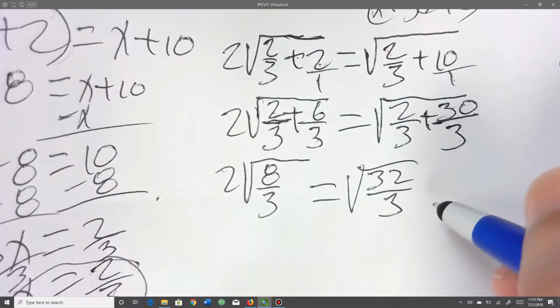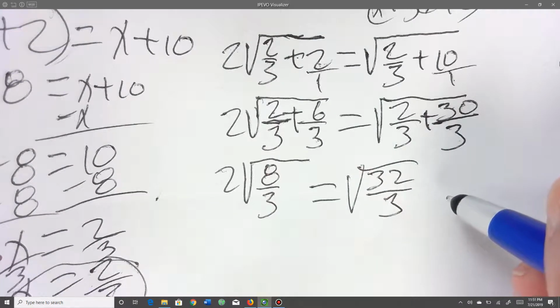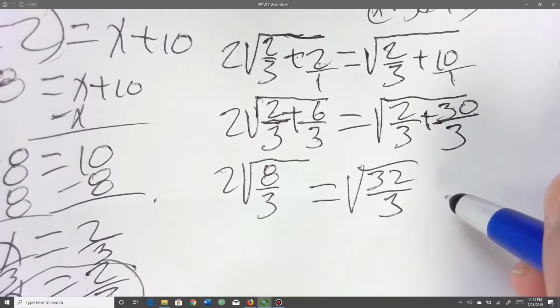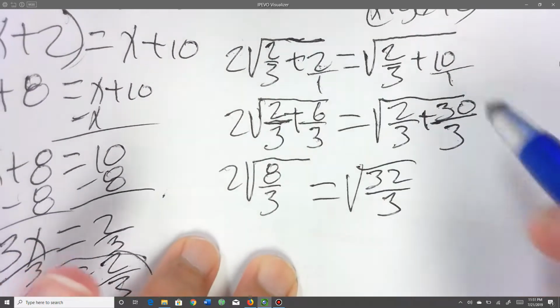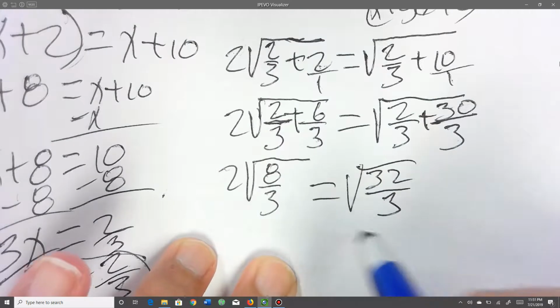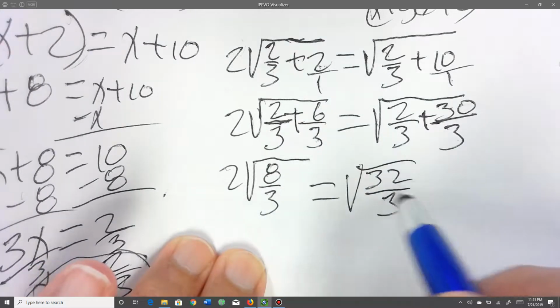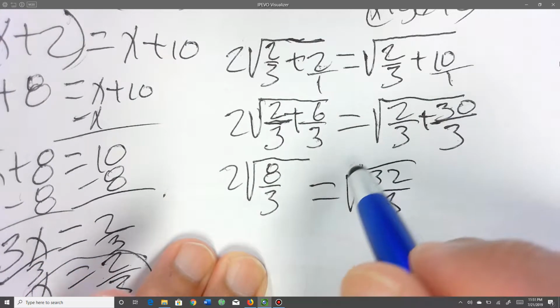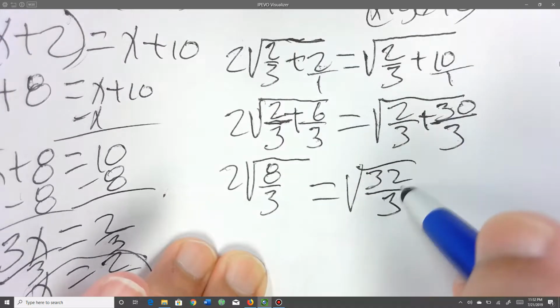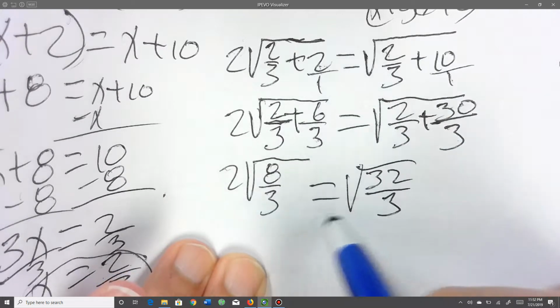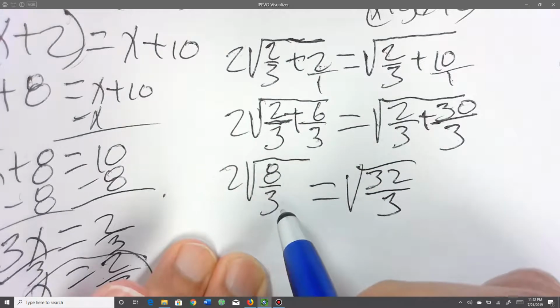Alright, so hopefully I'm doing everything correctly. Okay, so all I have to do now is simplify right here.